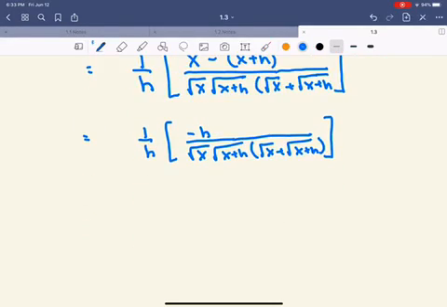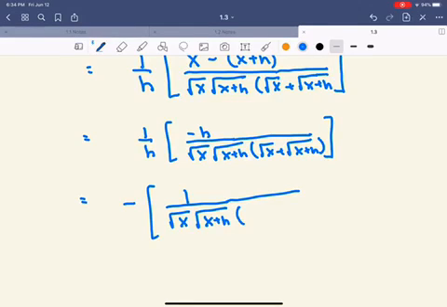So we're left with negative 1 over square root of x plus h times square root of x plus square root of x plus h. Wow, that's a mouthful. Okay.